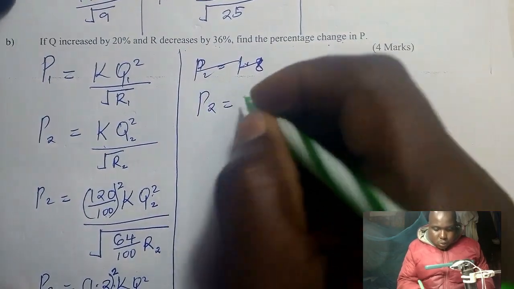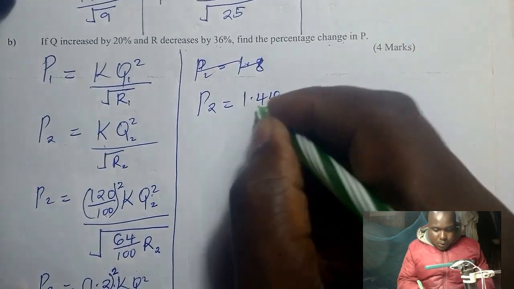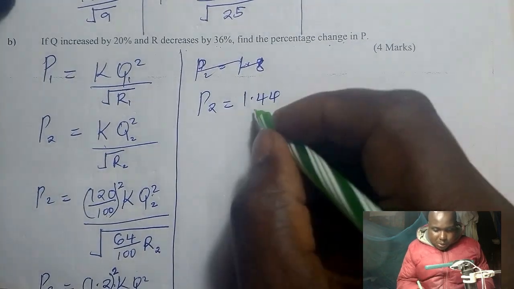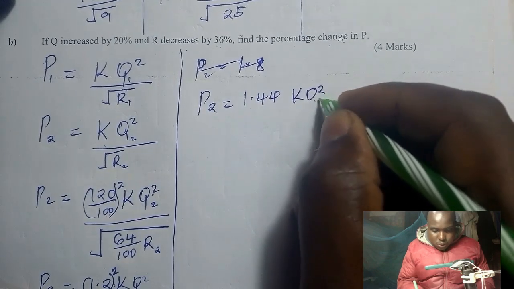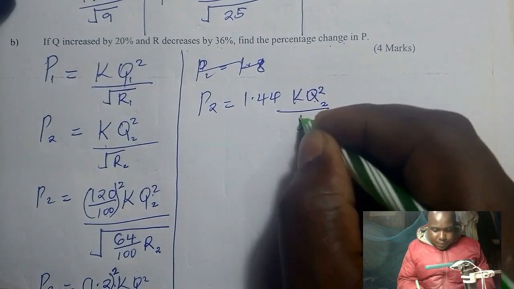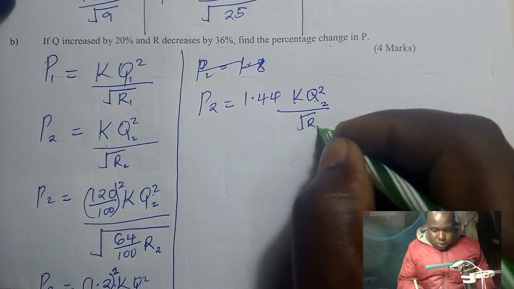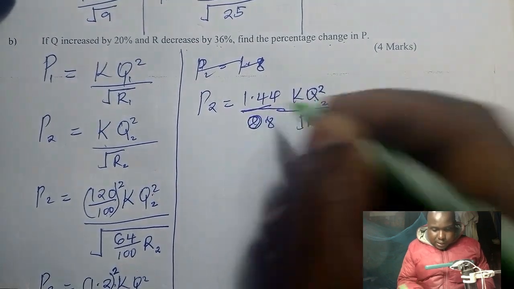P2 is equal to 1.44. If you divide by that one, K Q2, K is Q square 2 over R2 over 8, 0.8.